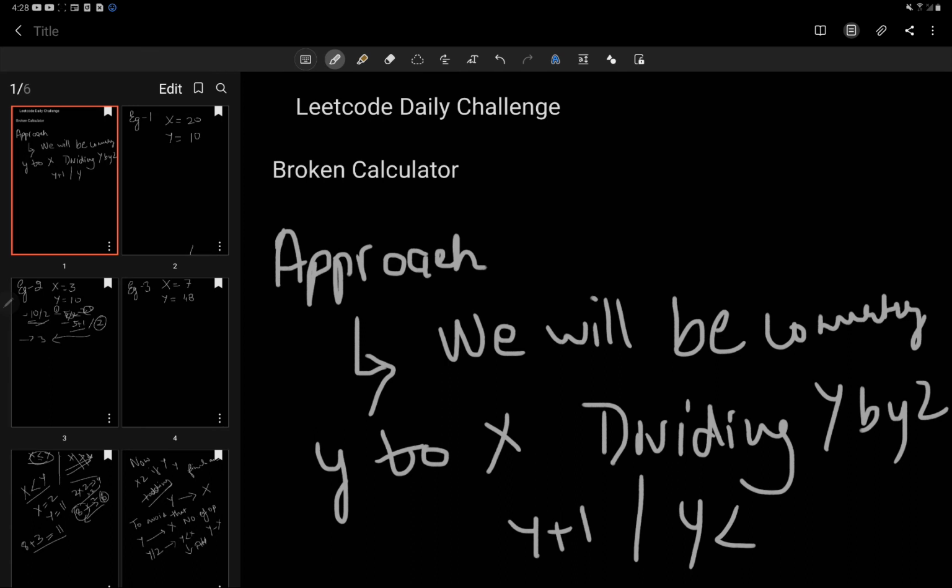If y is less than x, then we will exit and return the number of operations.